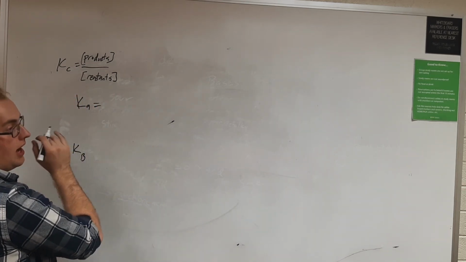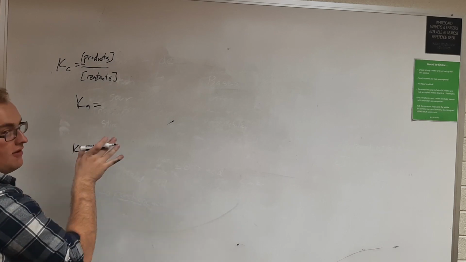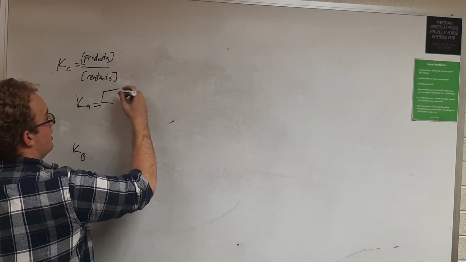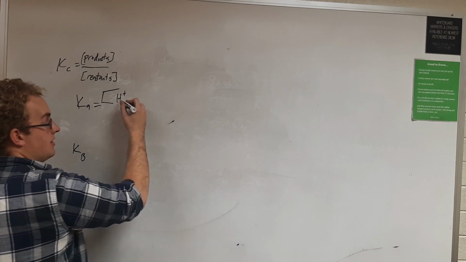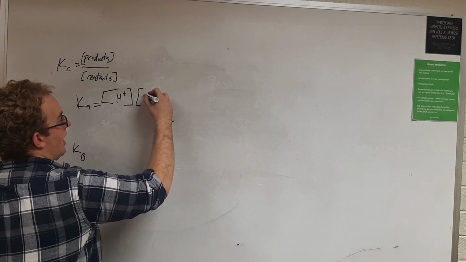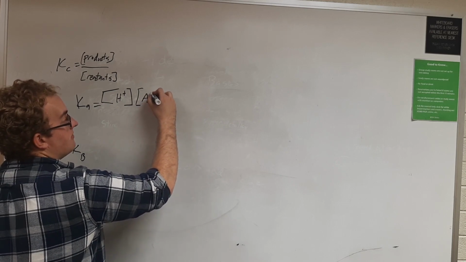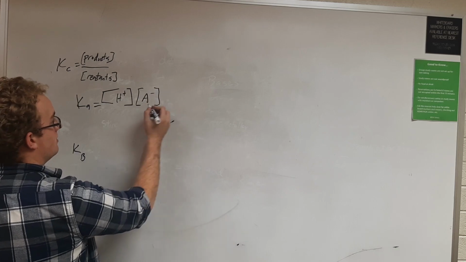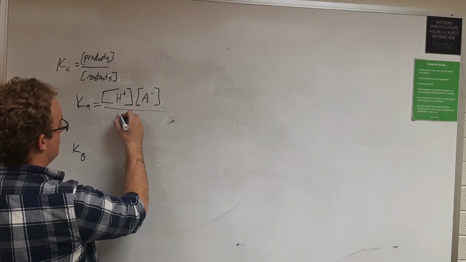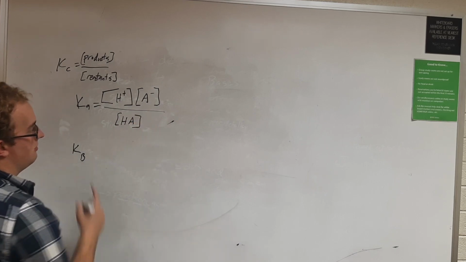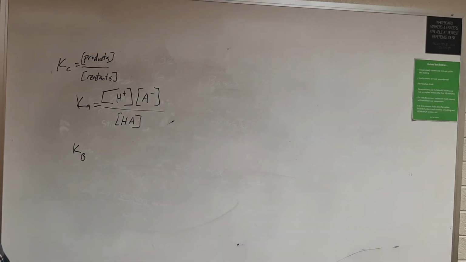So if you're thinking about how well it'll dissociate, the acid itself will be a reactant, and then you'll have the H plus ions that will come off of it, right? And then you'll have whatever is left, whatever the acid minus an H would be, is what this A means. And then on the bottom, you would have the hydrogen still attached to the A. This would be the reactant before it splits up, right?